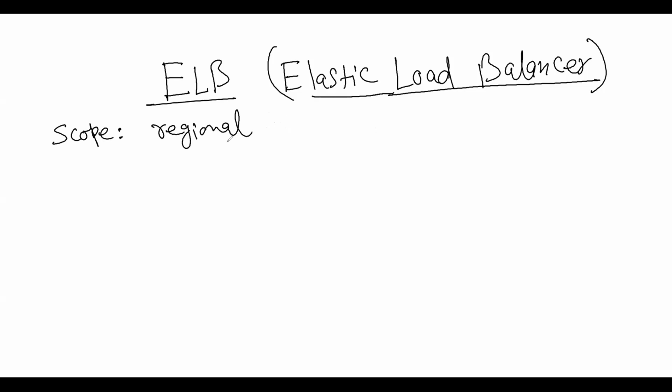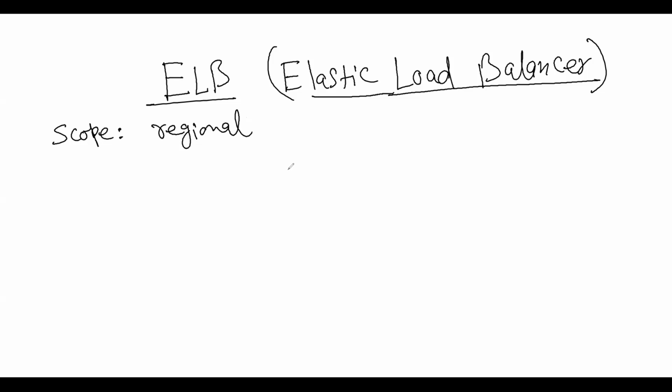So you have one region, and in that you select 3 availability zones. You can keep one EC2 instance in one availability zone and one in another, so you can keep them in 3 places. So you have 3 instances in different availability zones, and you are using one ELB on top of it.